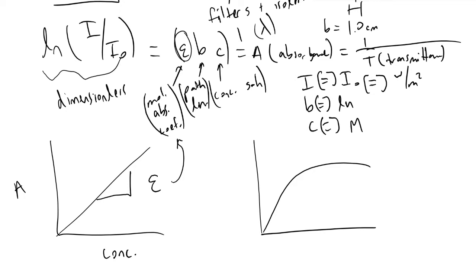When we have absorbances less than 0.1 or greater than 1, this linear relationship goes away, and we can no longer use it. But most of the time we are able to get away with it, and it is a very useful tool that allows us to quickly determine a protein concentration, for example, in a solution.